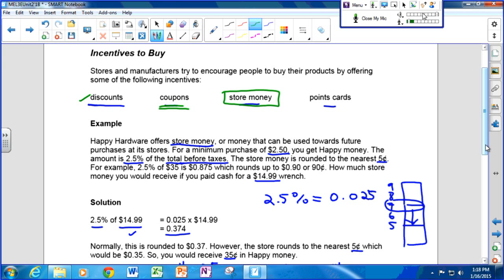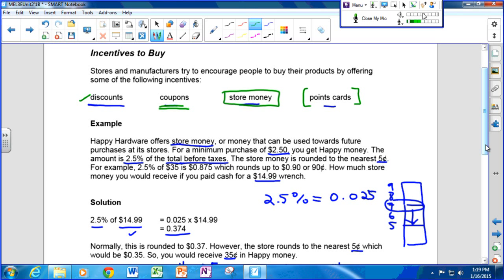And then the points cards, well, that's a biggie. You have the Optimum card. And every time you go to the drugstore, Shoppers Drug Mart or Rexall, they say, do you have an Optimum card or do you have this card? And if you are thinking about going to a store that doesn't have that card, maybe you'll change your mind.